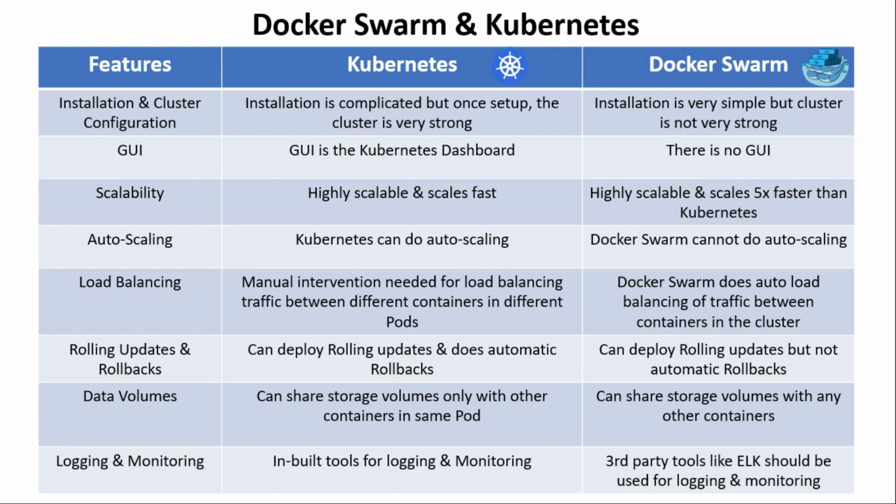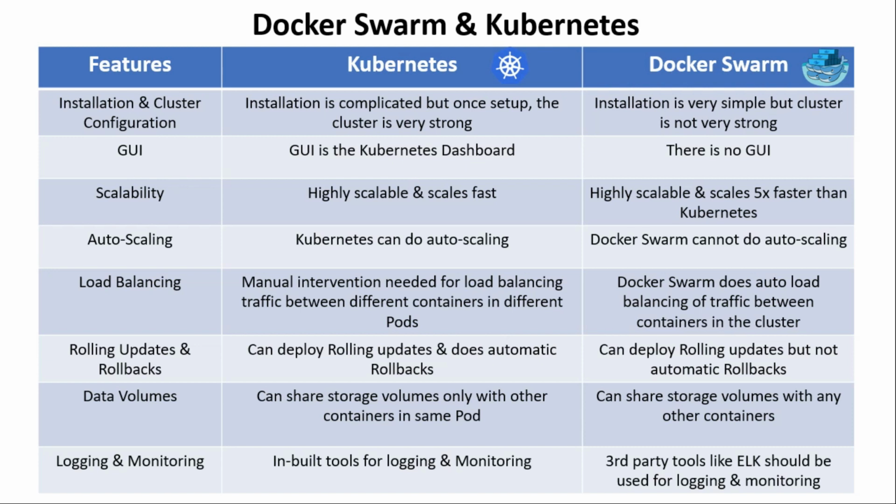Kubernetes has these features, but Docker Swarm can deploy rolling updates but not automatic rollbacks. Docker Swarm does not have an automatic rollback feature.